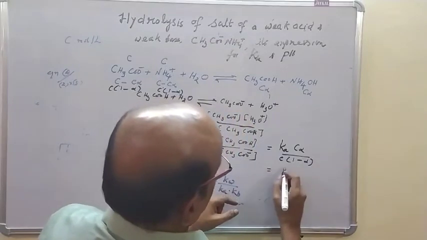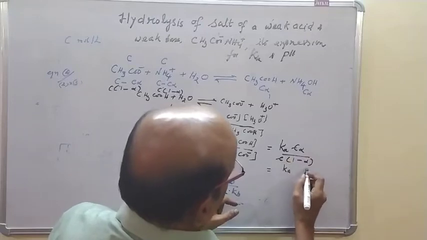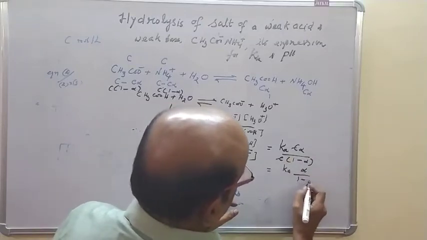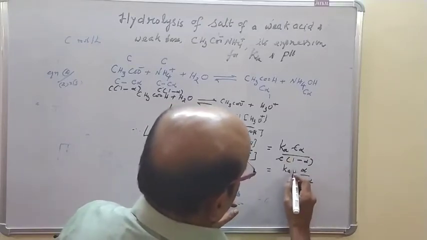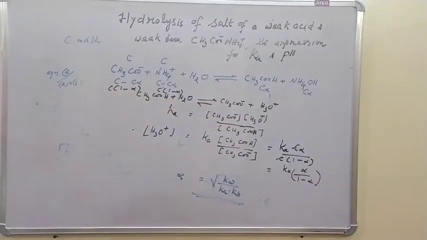That is equal to Ka into alpha by 1 minus alpha.